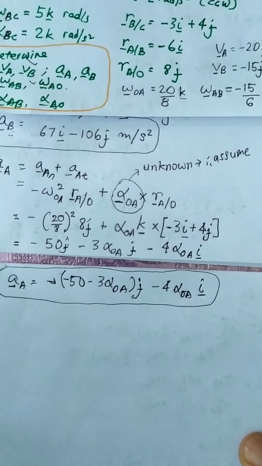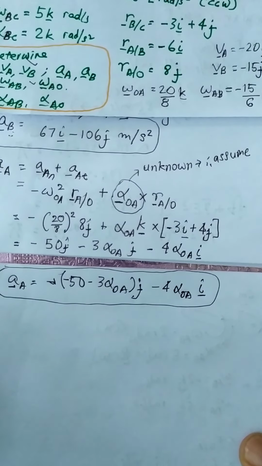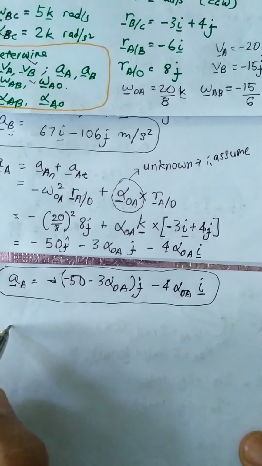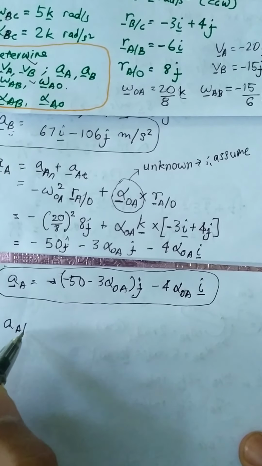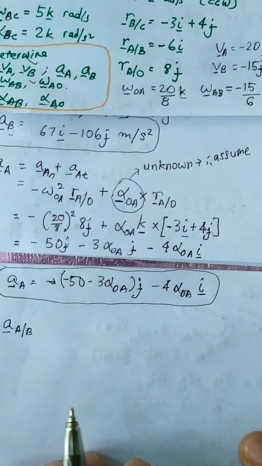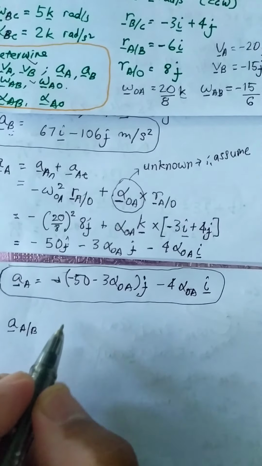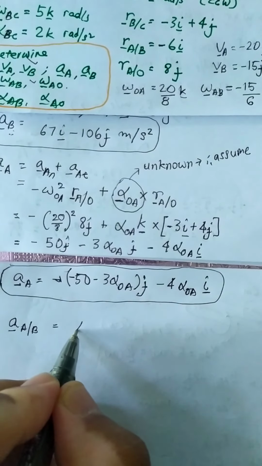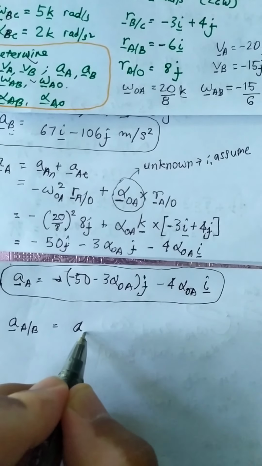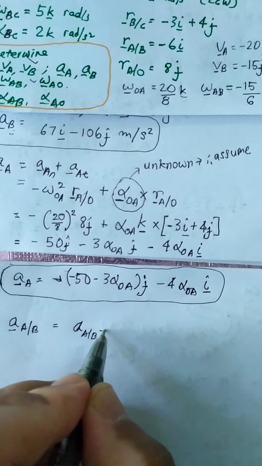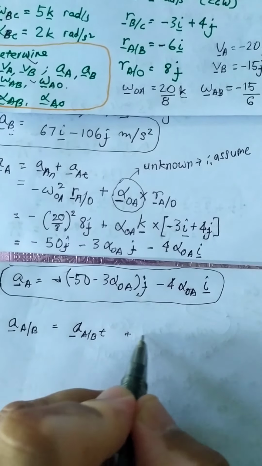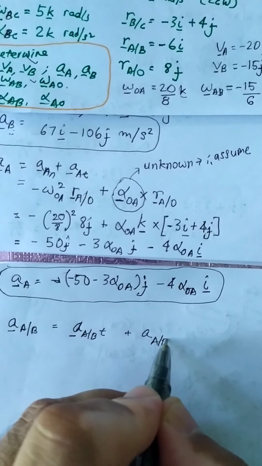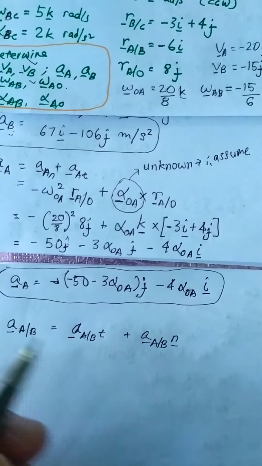We now need to find acceleration of A relative to B. So the acceleration of A relative to B can be written as two components: acceleration of A relative to B tangential plus acceleration of A relative to B in the normal direction.